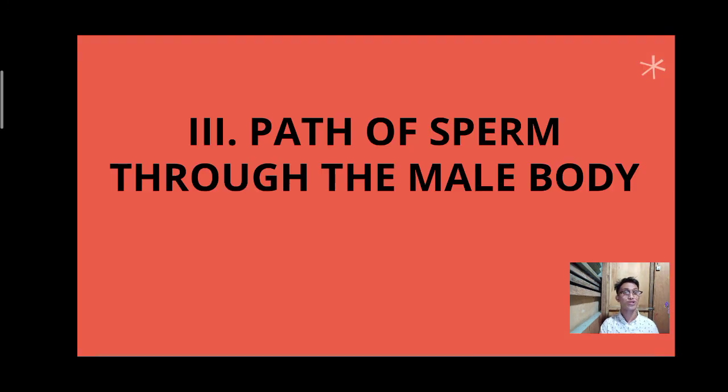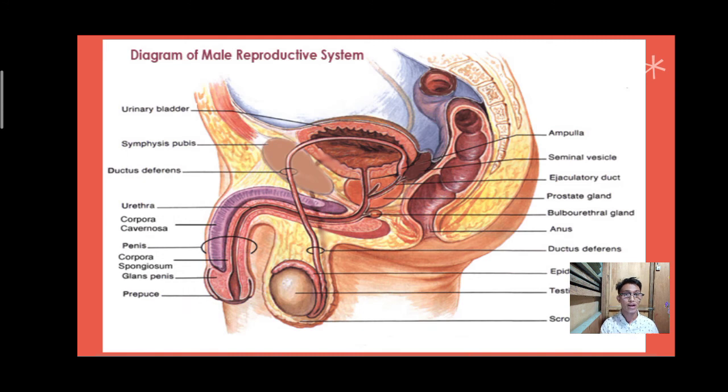And also, we have the path of sperm through the male body. As you can see here, we have different parts of the male reproductive system. The mature sperm cell passes from the seminiferous tubules through tiny tubes called the epididymis.